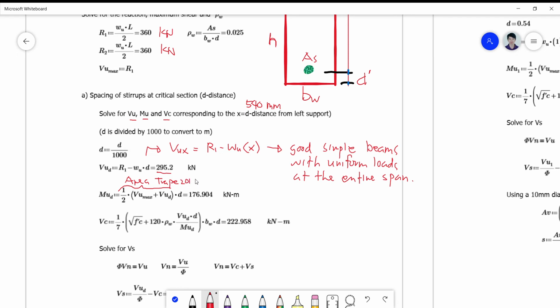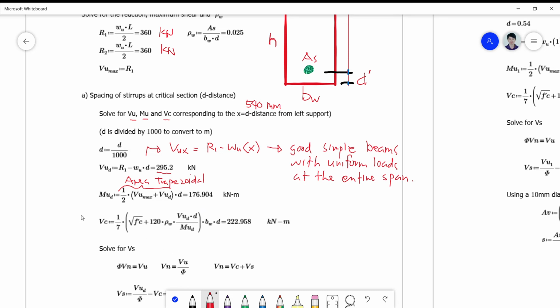You can refer to the shear and moment diagram on our previous video. So this is 1/2 times VU max plus VU at the D distance, multiplied by the distance from the support to the critical section, which is D. And we obtain a value of 176.904 kilonewton meter.